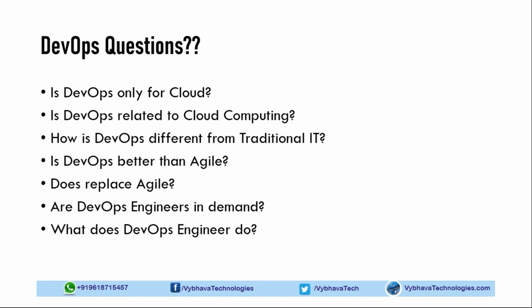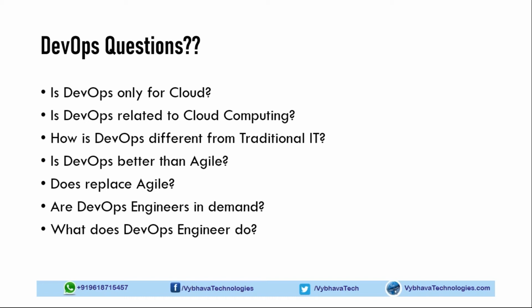So how is DevOps different from traditional IT? Traditional IT we already discussed, that is SDLC, which uses the waterfall model, the traditional model. It is a completely slow process. Right now everyone wants things immediately. The customer is waiting for updates in the fastest way, and that is provided by DevOps.